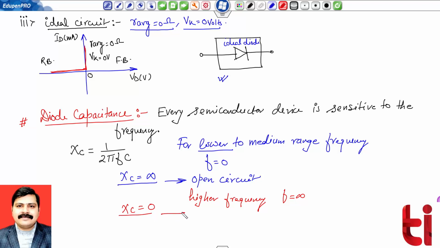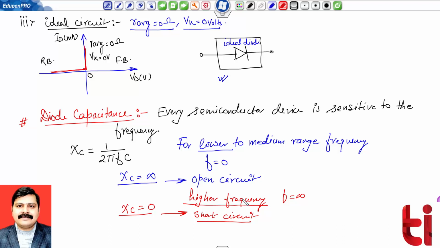That means the behavior of the capacitance is like a short circuit. So there may be a chance that at higher frequency, the frequency response of the circuit can change. So one cannot neglect the effect of diode capacitance. We must study the diode capacitance.